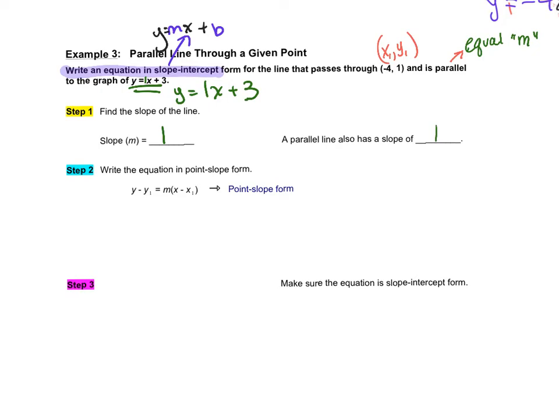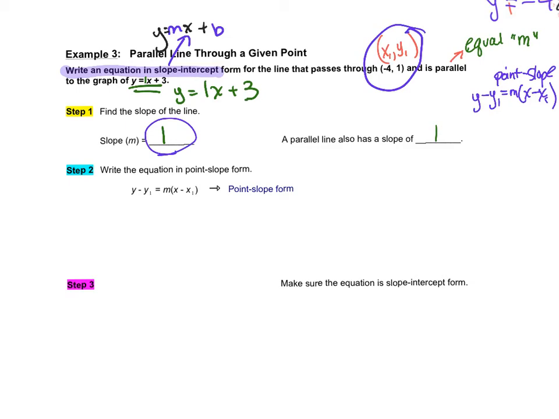So now we have a point and we have the slope. When you have a point and slope, you use the point-slope formula: y minus y1 is equal to m times x minus x1. Now I fill in the y1, the x1, and the m.